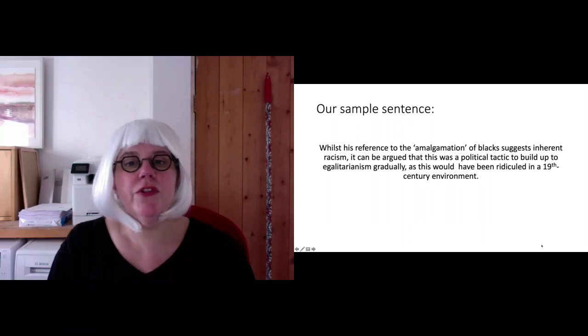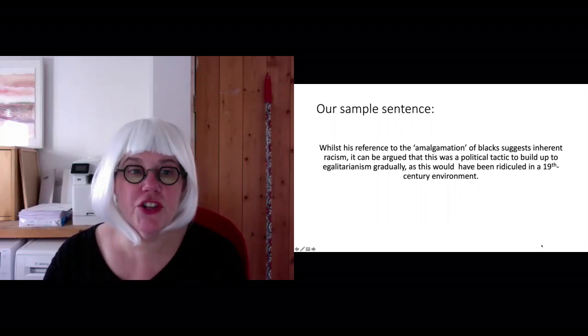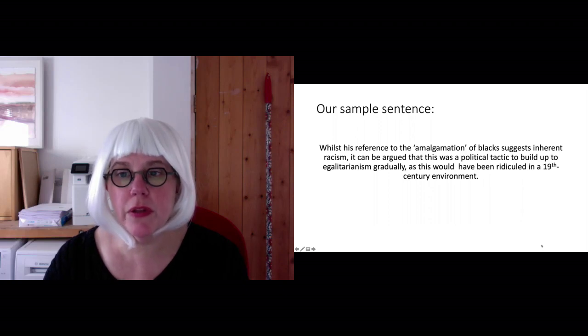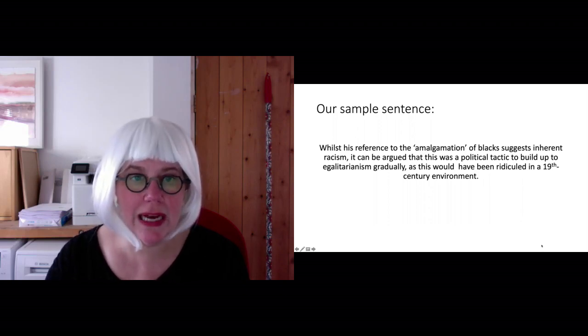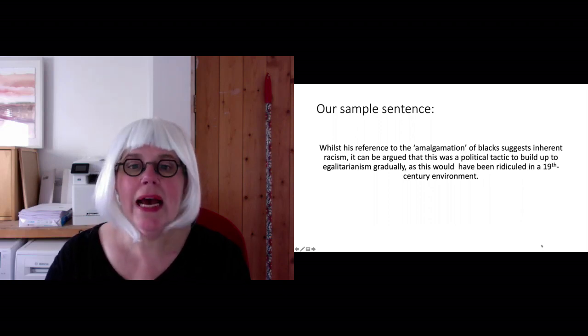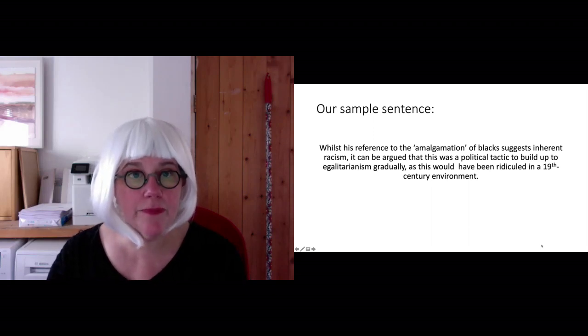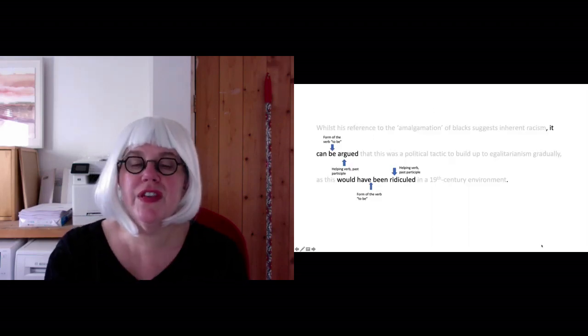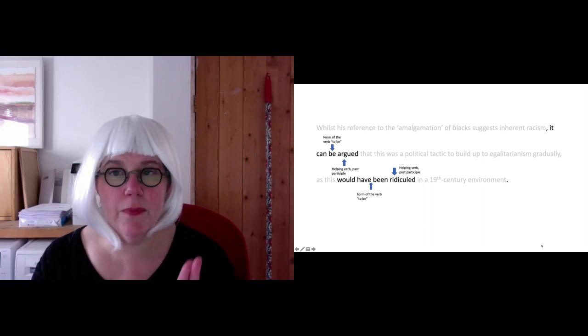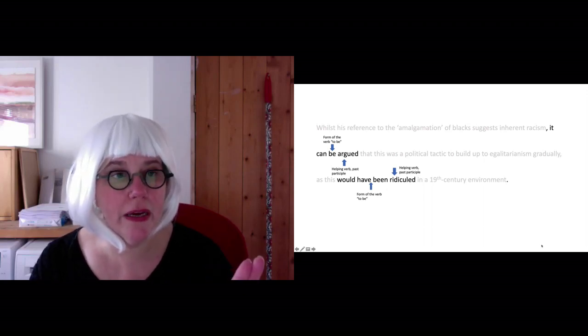Whilst his reference to the amalgamation of blacks suggests inherent racism, it can be argued that this was a political tactic to build up to egalitarianism gradually, as this would have been ridiculed in a 19th century environment. You can see that there are two separate forms of the verb to be.